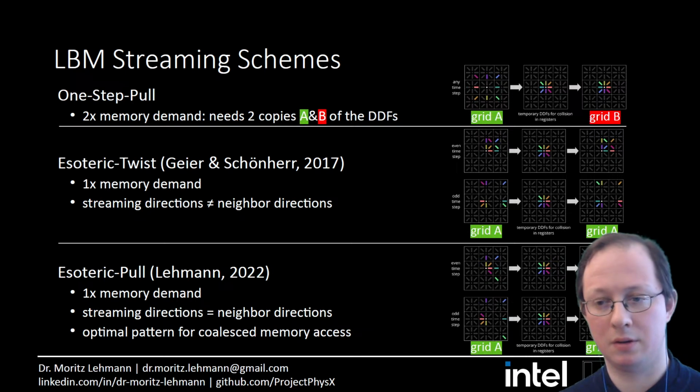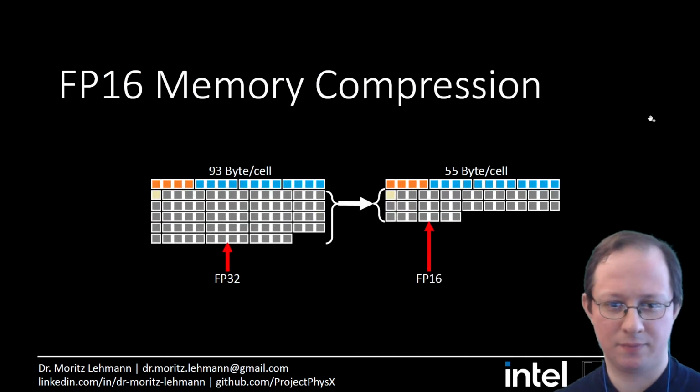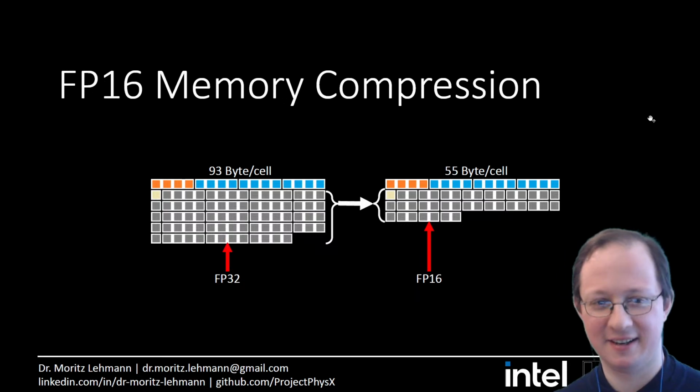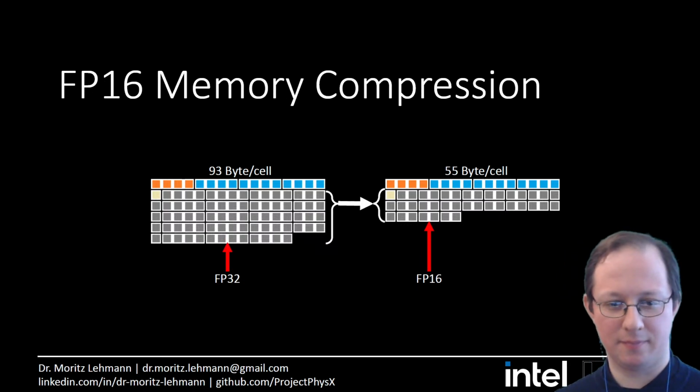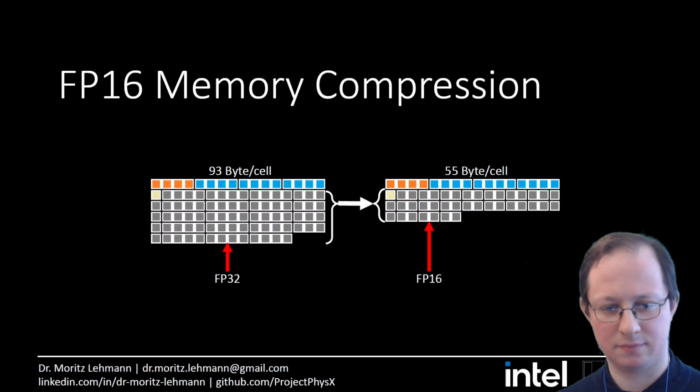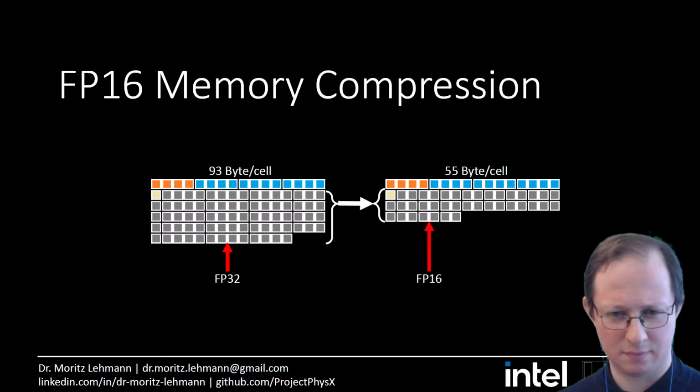Yeah, if you go to the next slide, part 2 of reducing the memory footprint. The density distribution functions, usually they're stored in either FP64 or FP32 in memory. So here I've visualized how the bytes are grouped together into floating point numbers. And what I did is I compressed them into 16-bit memory.